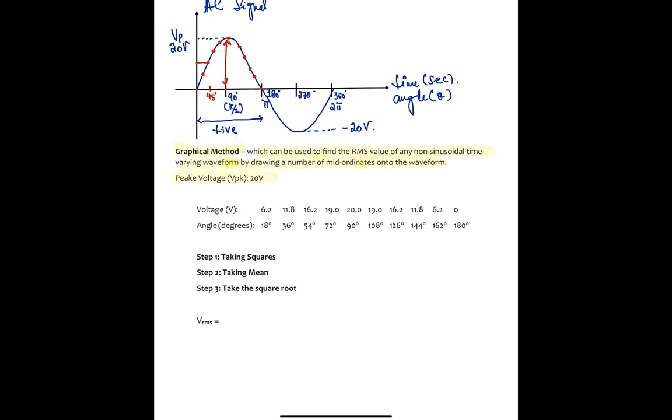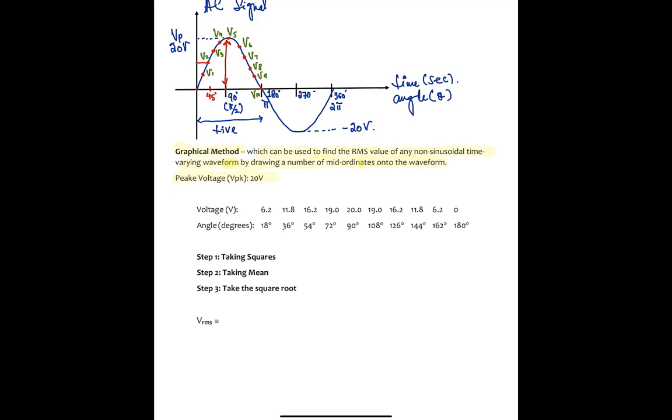Since I have broken it down into 10 segments, this is my V1, V2, V3, V4, V5, V6, V7, V8, V9, and this is V10 right here.